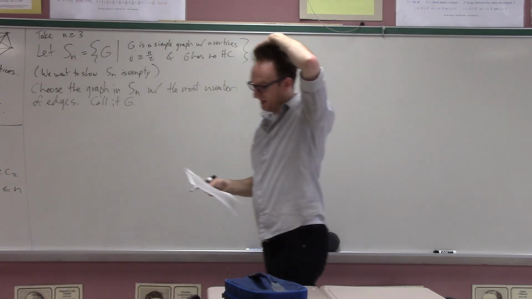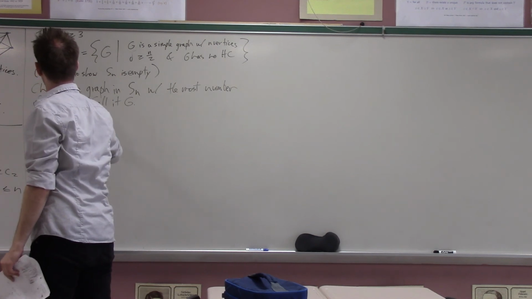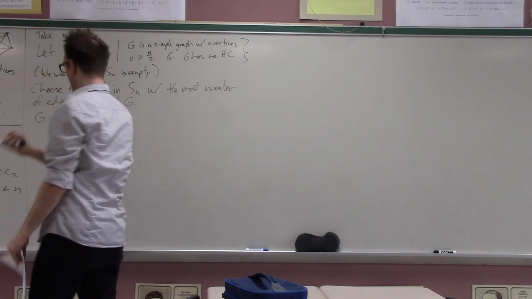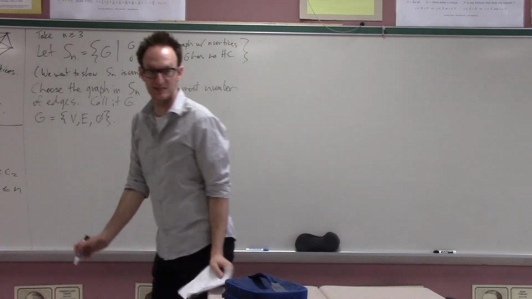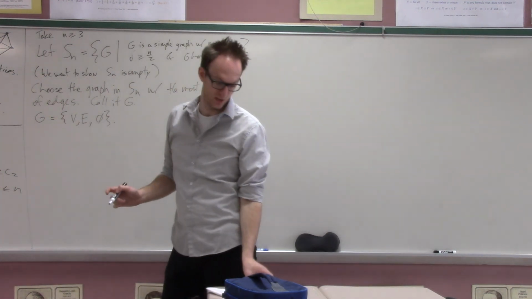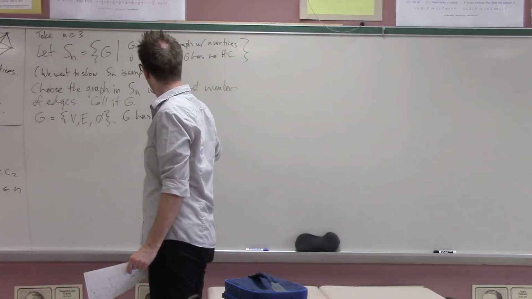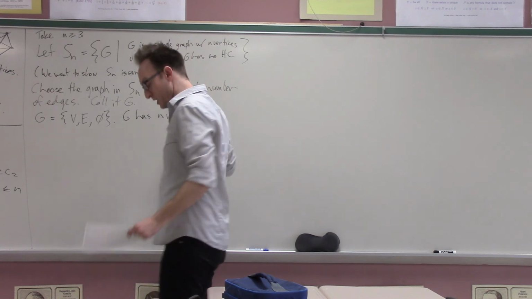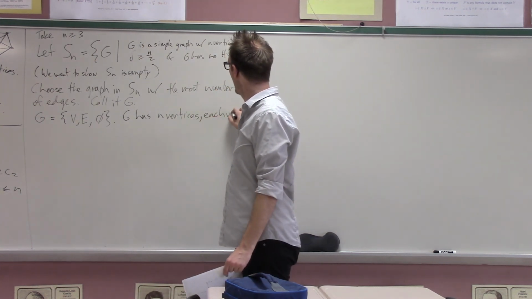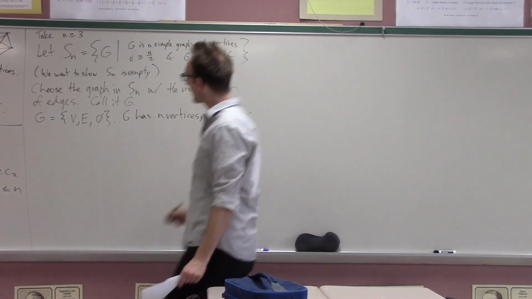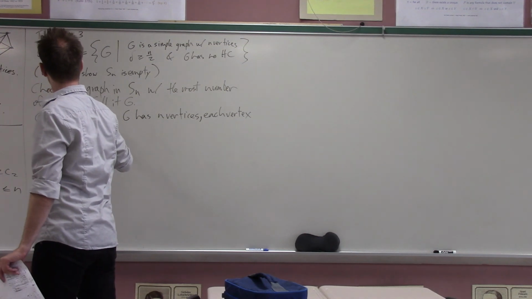All right. So what is G? G is some graph. It has a vertex set, an edge set, and this function which maps edges to unordered pairs of vertices. And here we list every single thing we know about this graph G. Well, G has n vertices. Also, each vertex has degree greater than or equal to n over 2.